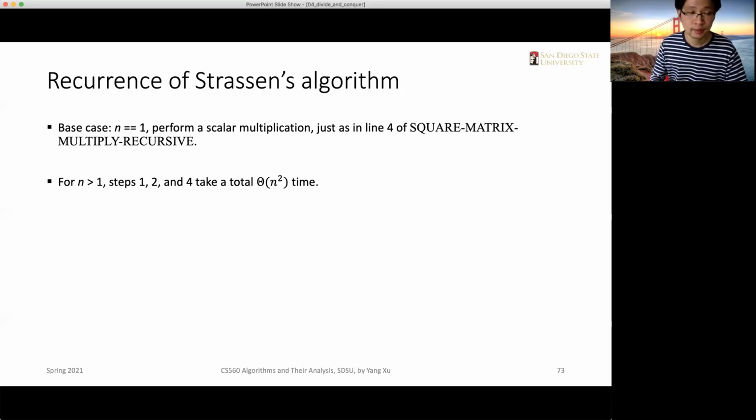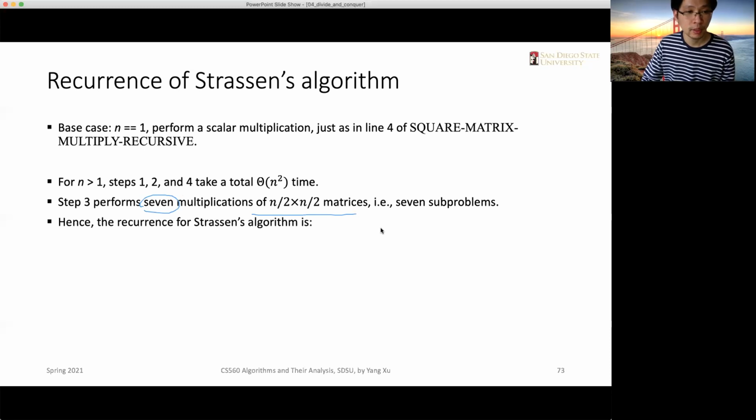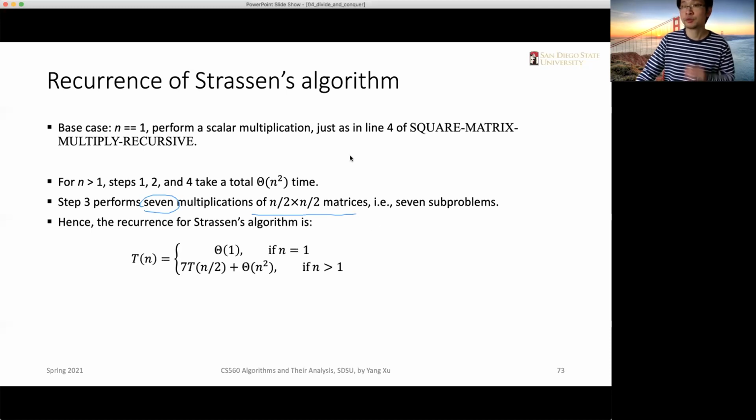For larger cases, if we combine steps 1, 2, and 4, they will together take big theta of n squared time. And step 3 performs 7 multiplications that require a recursive cost. So we can write the recurrence in this form, which reduces the number 8 to 7 here.